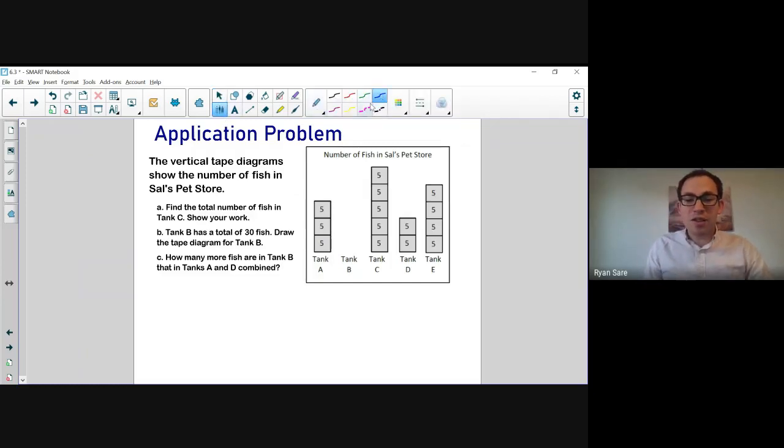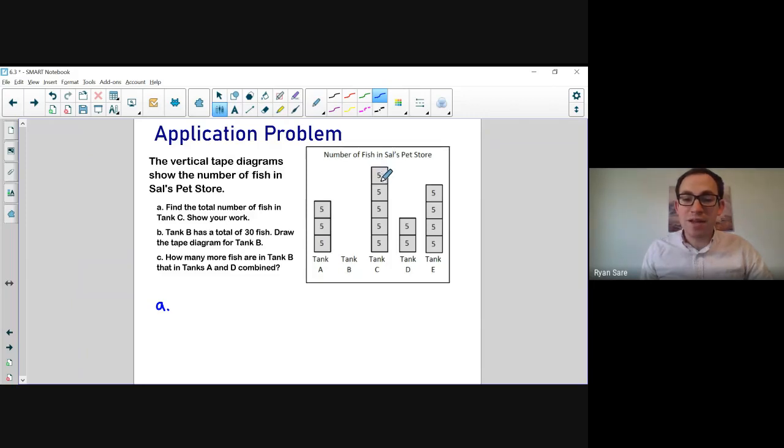So the first thing that I want you to notice, they have a title for this, the number of fishes in Saul's pet store. The first question asks me to find the total number of fish in tank C. And so I'm going to put a little A right here while I'm showing my work. And I can see that there's a bunch of different pieces of this tape, this unit.